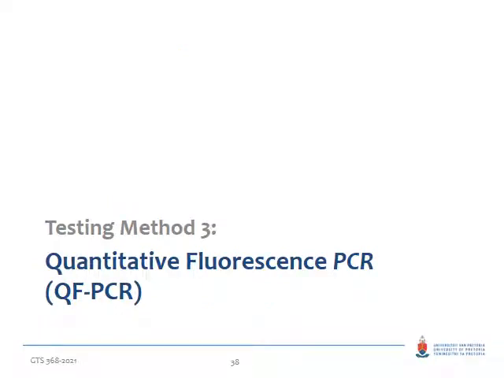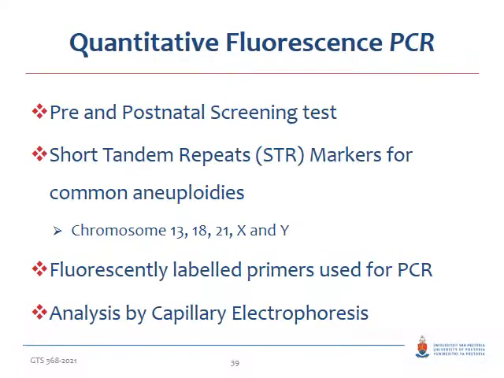The third method I want to discuss is quantitative fluorescent PCR, abbreviated as QF-PCR. It's now commonly used to detect aneuploidies. So it can be done pre and postnatal, and it specifically looks at short tandem repeat markers on the chromosomes that are commonly involved in aneuploidies.